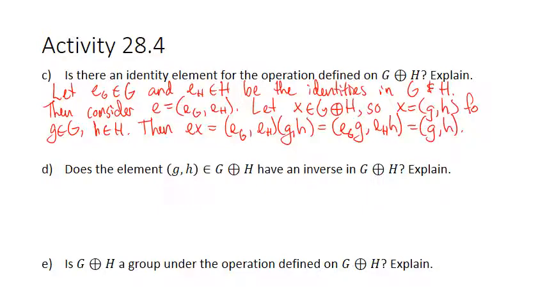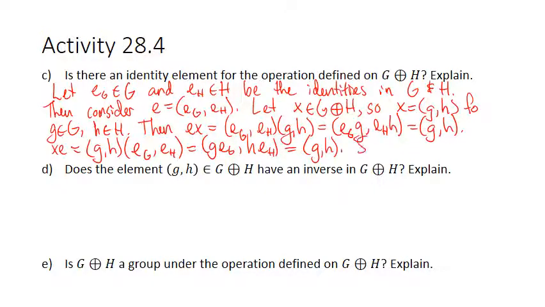And then if we do it the other way, xE, that's going to be the same. So this will be g times e_G, and then h times e_H, and then that'll just be (g, h). Okay, so E is the identity.